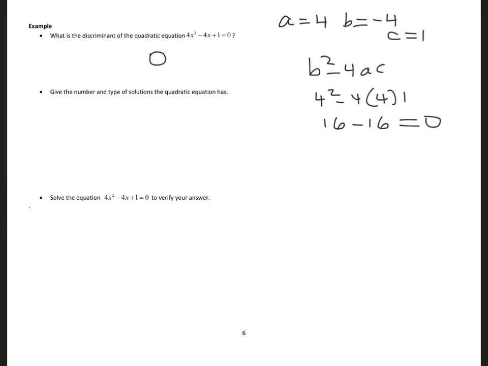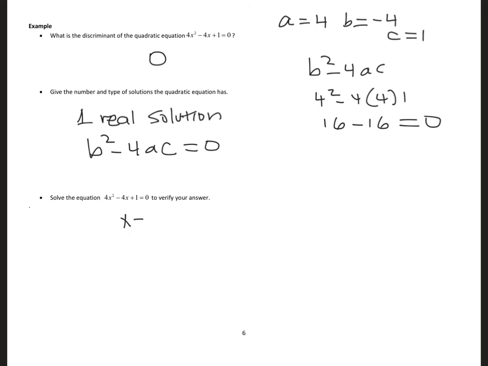Give the number and type of solution. So this is one real solution, because b squared minus 4ac is equal to 0. Okay, and we could solve this equation to verify.